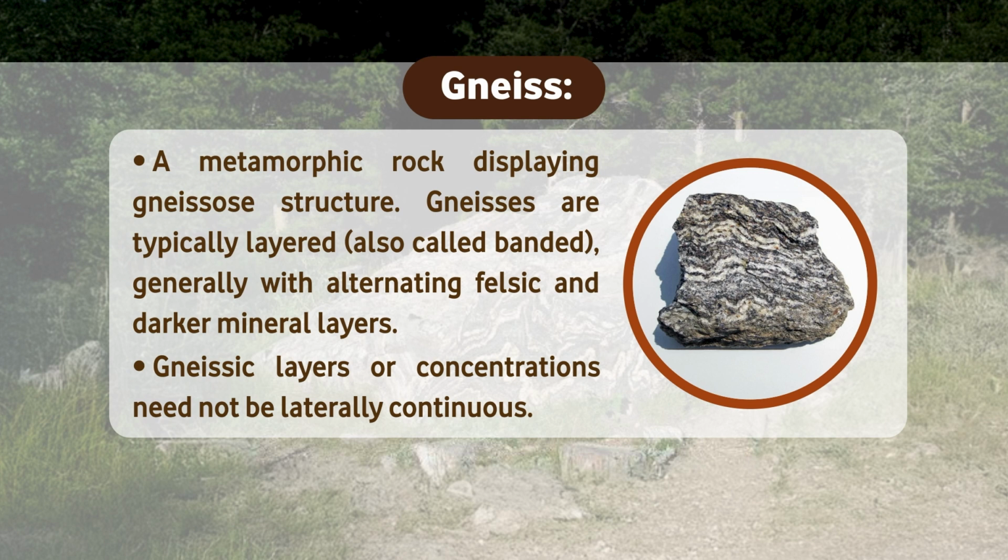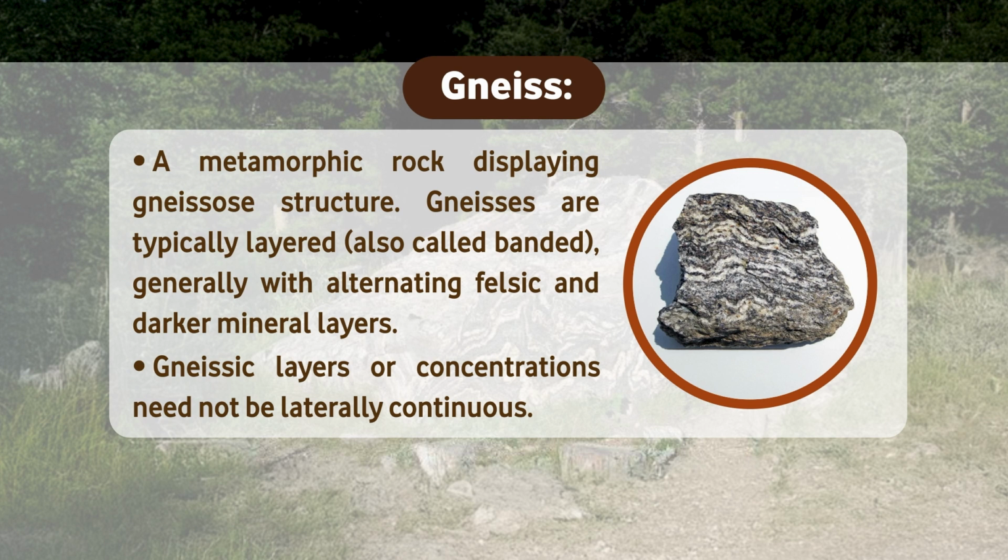As you can see here, light colored bands of felsic minerals and dark colored bands of mafic minerals are alternating. You can see that the light colored bands are quite thicker towards the lower portion of the sample, and the mafic layers or darker mineral layers are quite thin. But as you progress towards the top of the layer, you can clearly see that the mafic layers are getting thicker. So, there is no such rule.